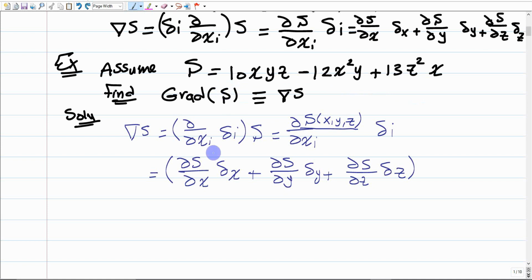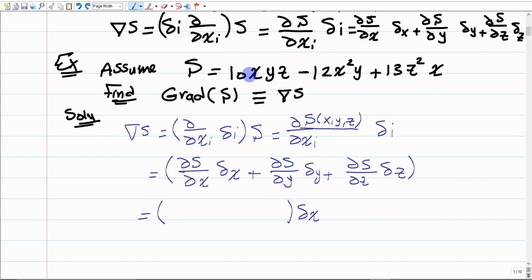So if I ask you what should be the partial derivative of S with respect to x, it's very simple mathematics: you have this function and you are required to find its partial derivative with respect to x.